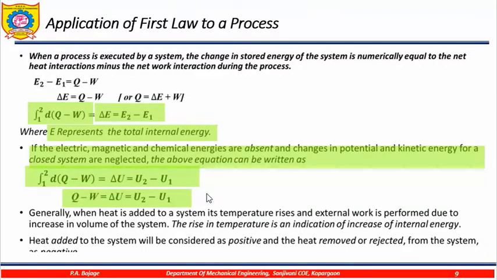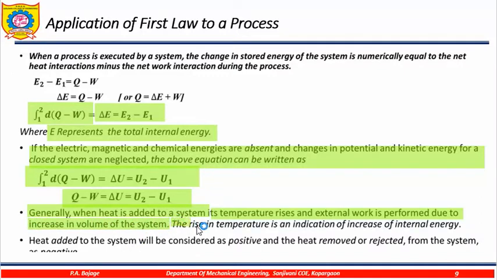The limits of the integral are again the same, 1 to 2. Here Q minus W is for the process 1 to 2. Generally, when heat is added to a system, its temperature rises and external work is performed due to the increase in volume of the system.